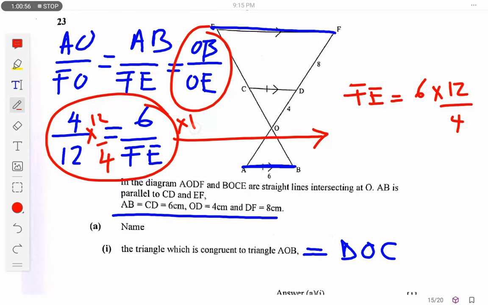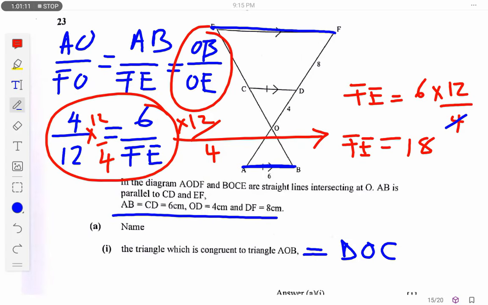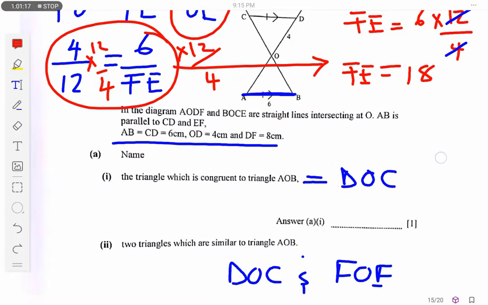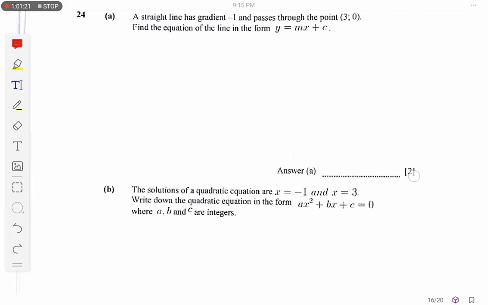Then I'll get my FE as 12 times 6 over 4. I've divided here, 4, 4, 8, 12, 3 times 6, 18 there. So it's 18 centimeters there. We are done. Let's go to the next question. This question is saying calculate.